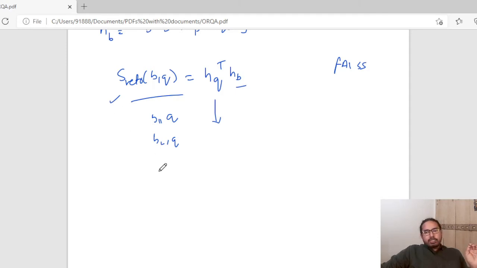In practice, we shortlist some fixed number of paragraphs that will be passed to the QA model. Here that parameter is represented as reader beam size. We'll take some top 10 or top 50 paragraphs which had the highest dot product between HQ and HB.